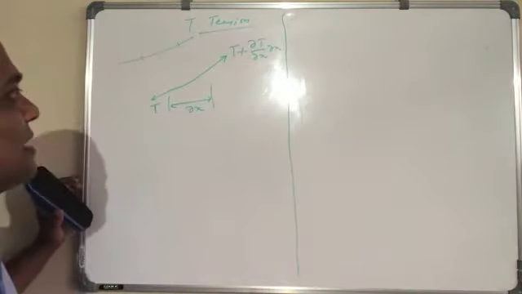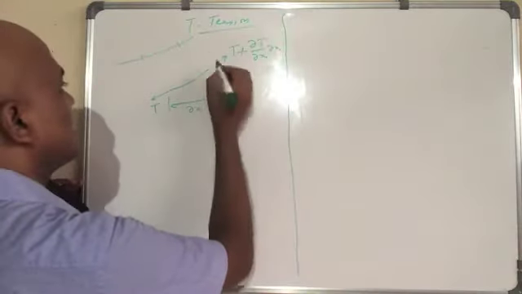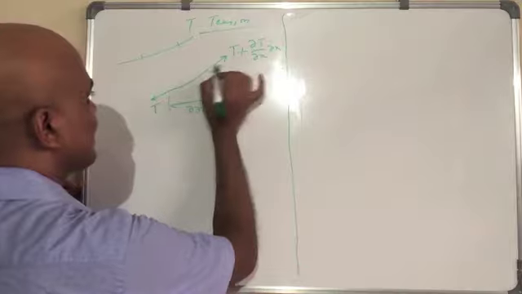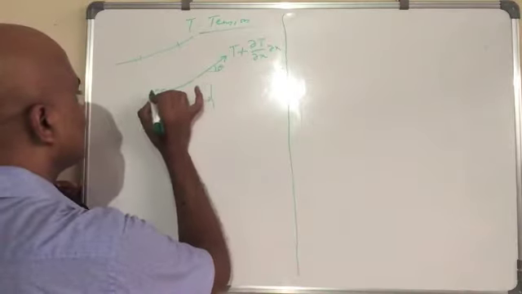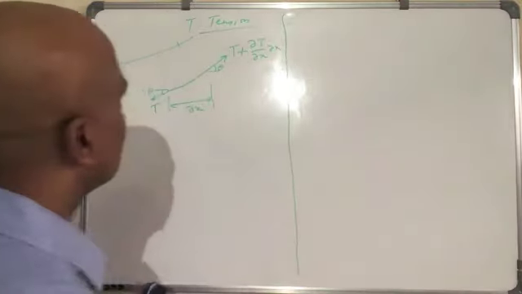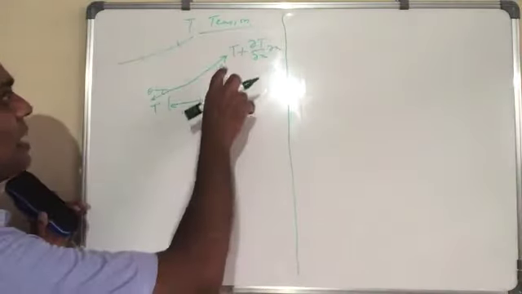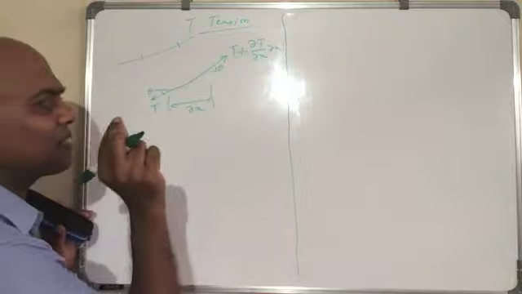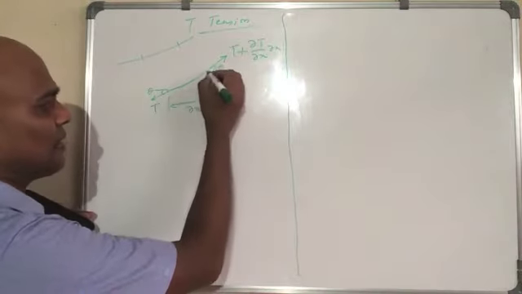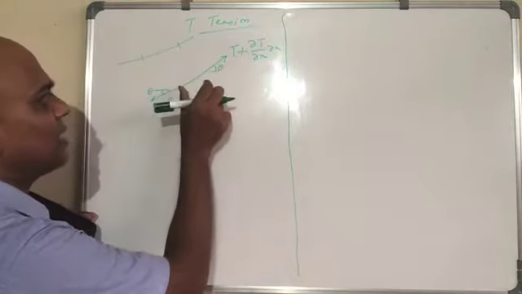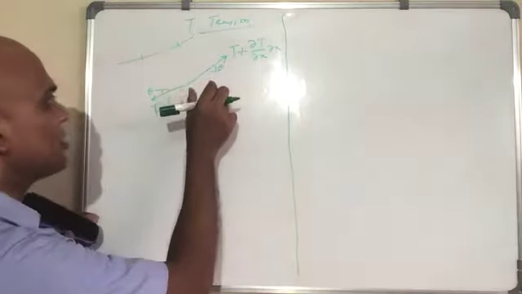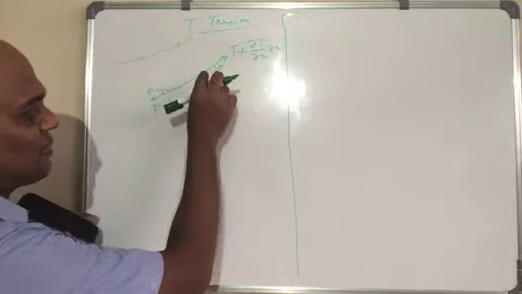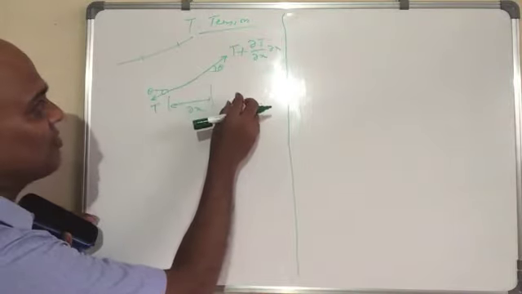Now we have to write the equation for that. So we say this is theta, from here to here. Now this theta is very small, since the length we are actually taking is very small. So what kind of equation will we get?